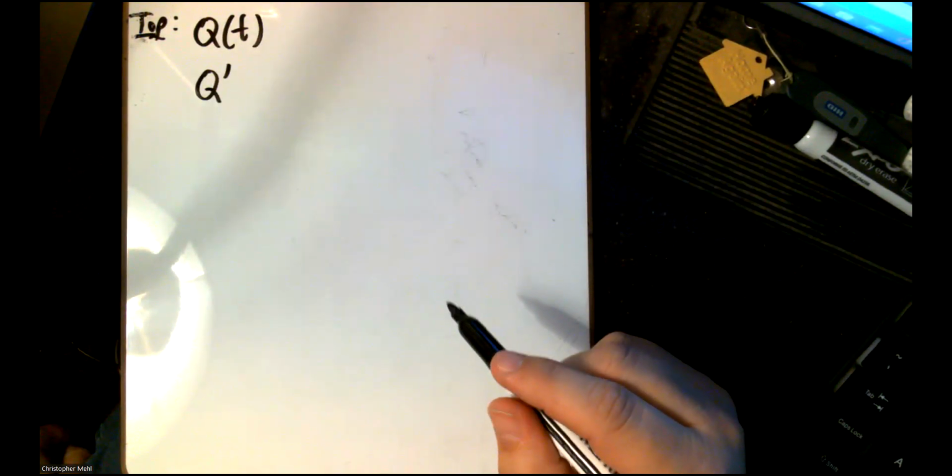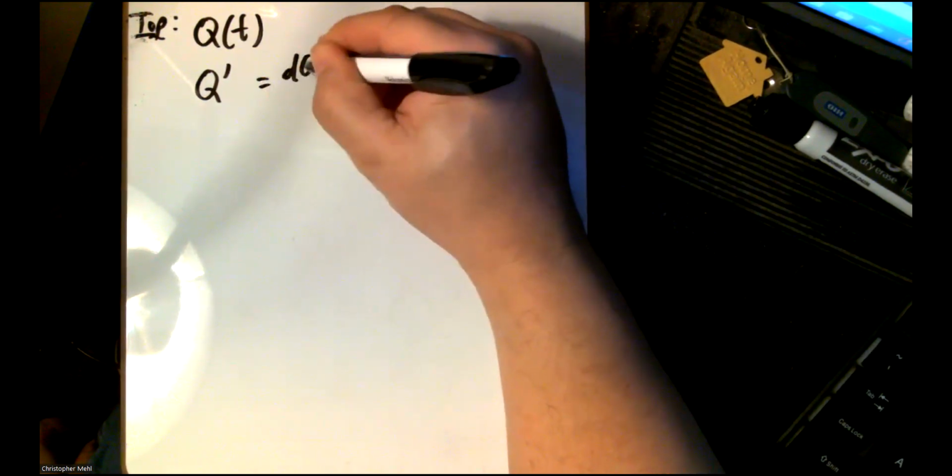If we know the rate Q prime, or dQ dt, at which Q changes with respect to time, then integration allows me to either calculate the net change in the quantity Q, or if I know an initial value for it, I could find any future value of Q.